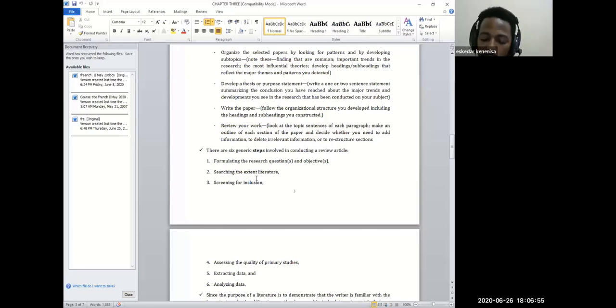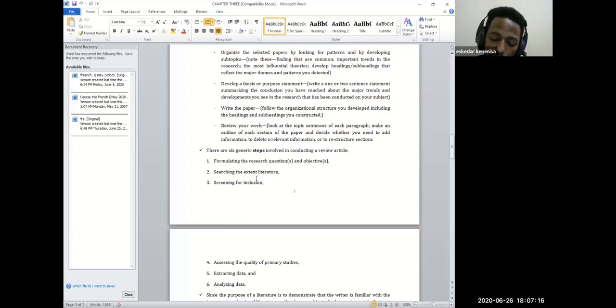You have to assess whether they are dependable or not before using them. Then, after assessing the quality of the materials, you have to extract the data that are useful for you.